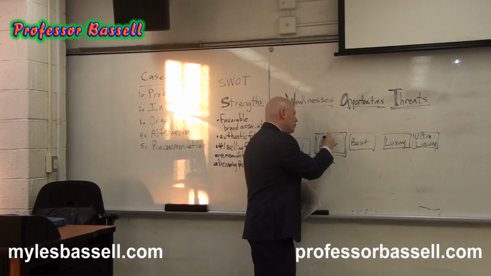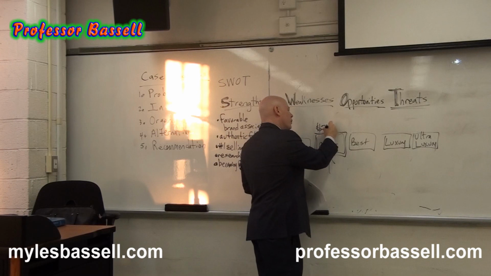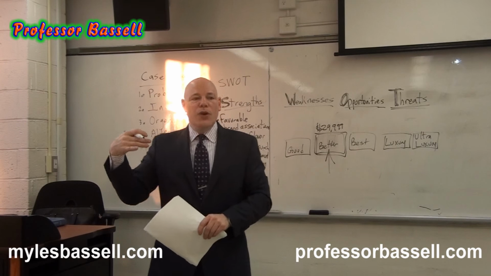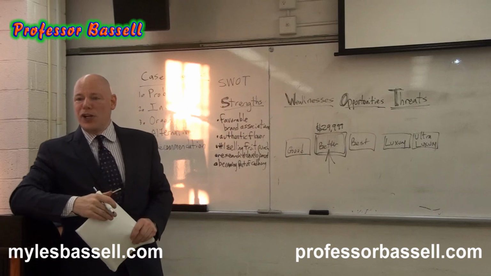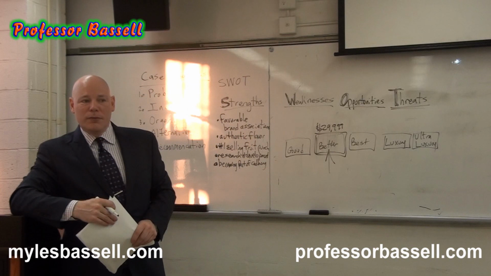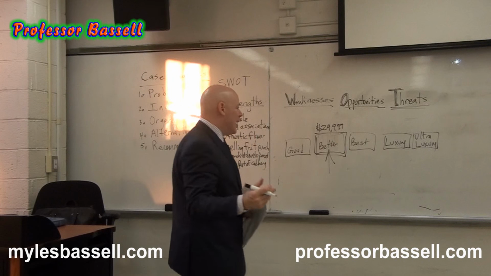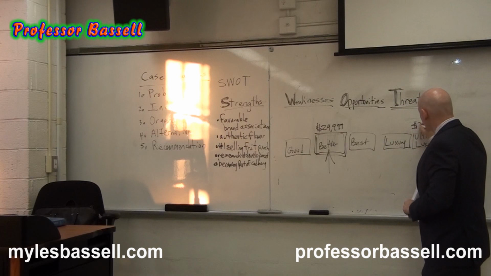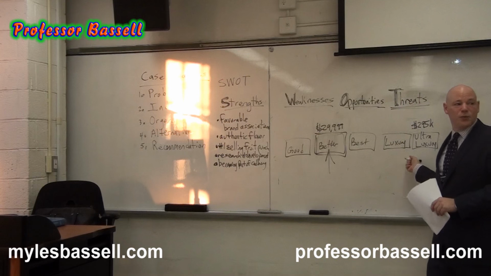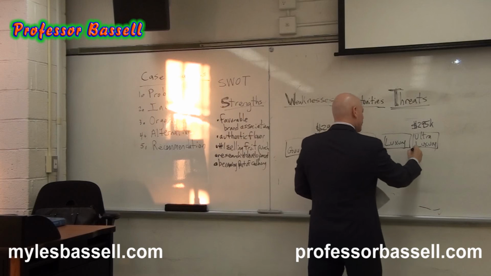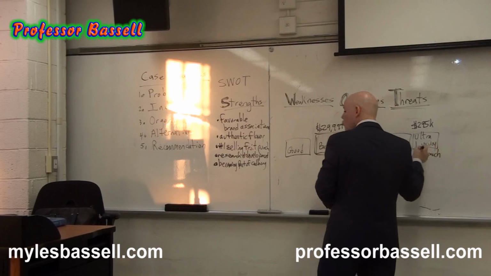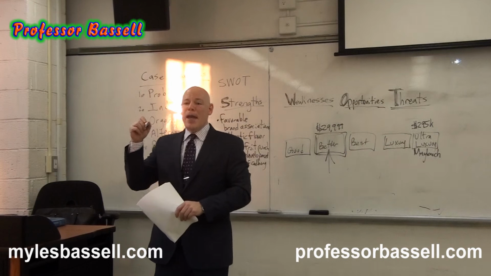They decided, you know what, we want to be able to sell cars at that price point. They also decided they wanted to sell cars at this price point. What's at this price point for them? The Mercedes Maybach. So they introduced the Maybach.